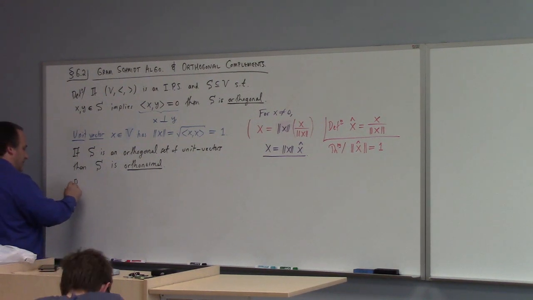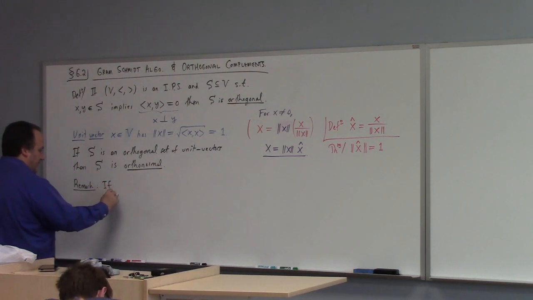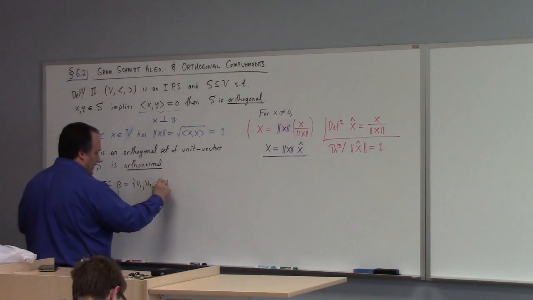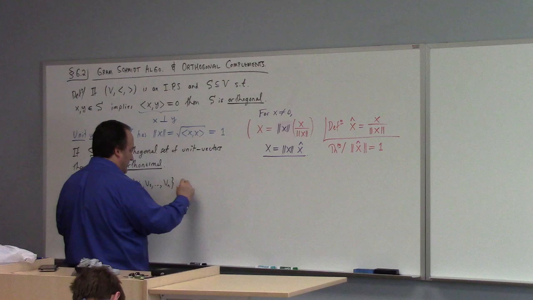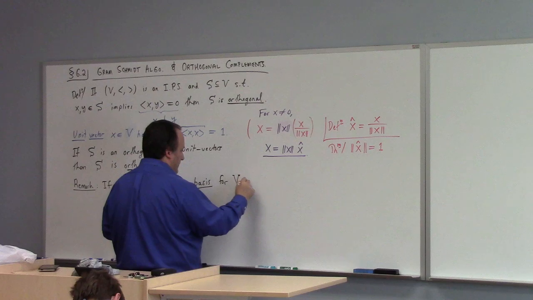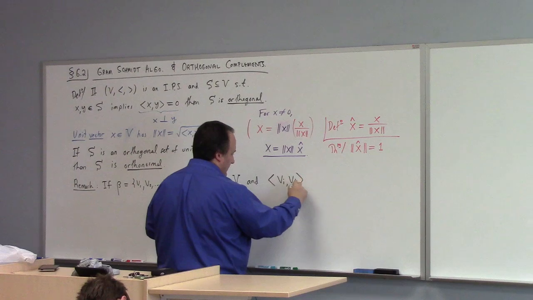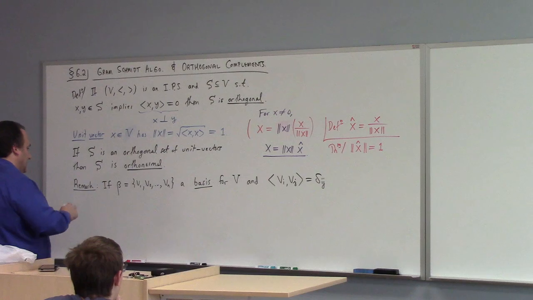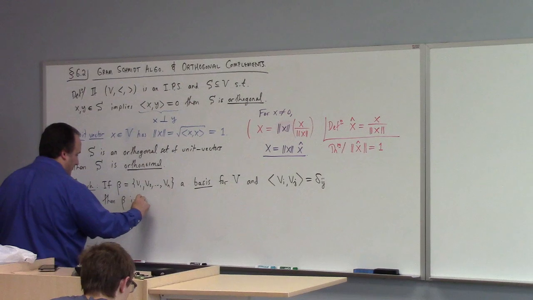So let me make a remark here that we'll use over and over again. If you have beta equal to v1, v2, all the way out to vn, a basis for V, and the inner product of vi and vj is the Kronecker delta ij, all right, then beta is orthonormal.